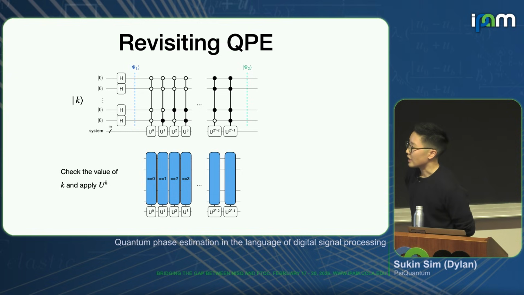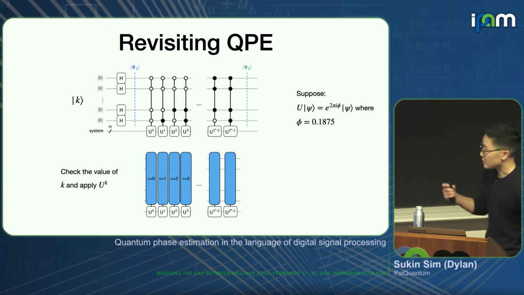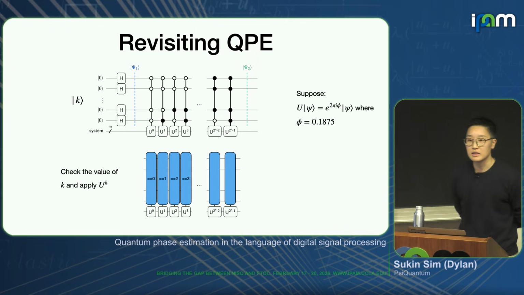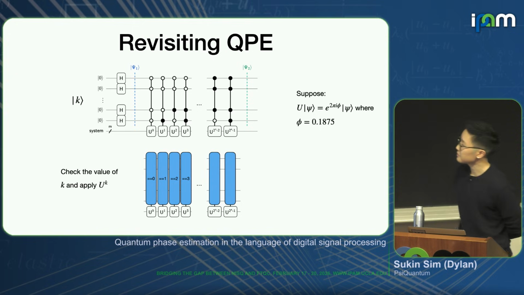So you're checking the value of K and applying the corresponding U to the K to the system register. Now let's walk through what happens to the circuit. For this example, we're going to set phi, the exact true eigenphase, to 0.1875, just for the walkthrough exercise.